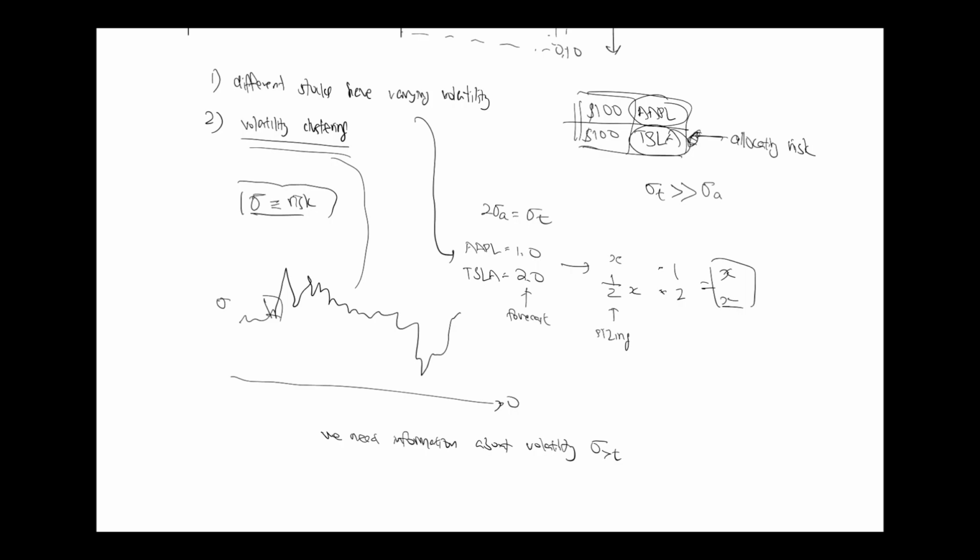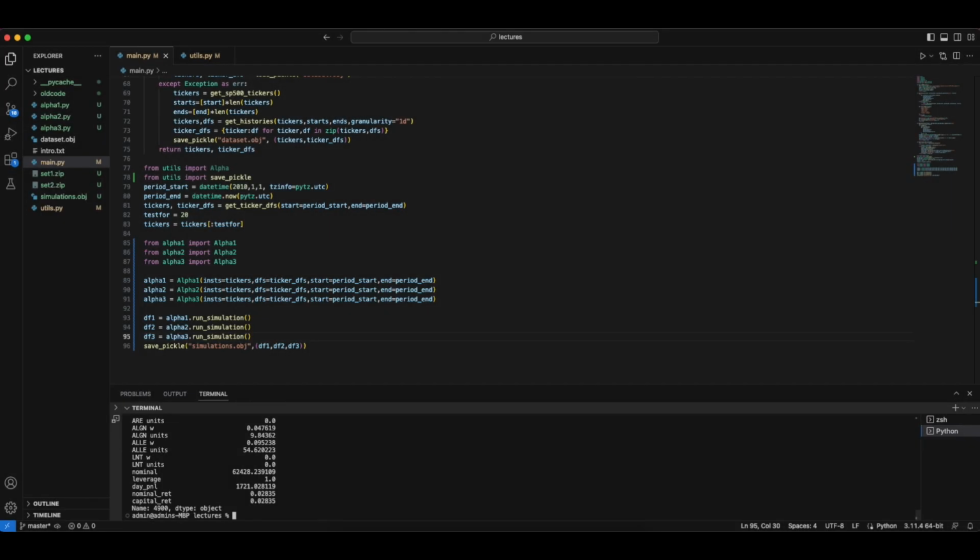But because of volatility clustering, it turns out that information about historical volatility can give us a good approximation of the future volatility. So a function of historical volatility can give us a good approximation to future volatility. This is why the two concepts here are important, and we can use that. We're going to implement exactly that, right?